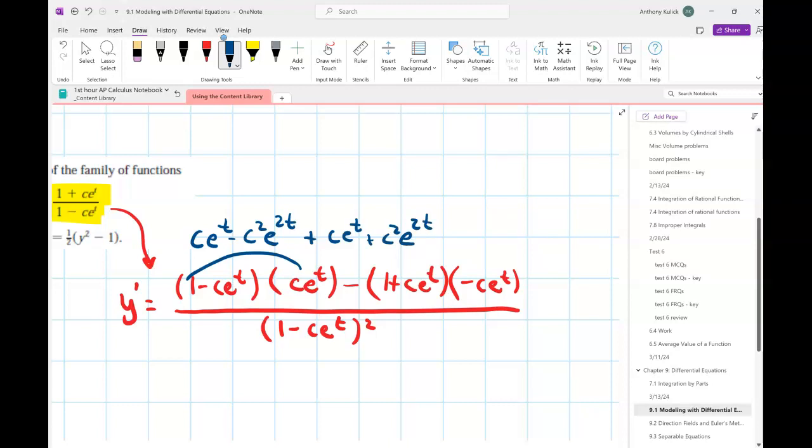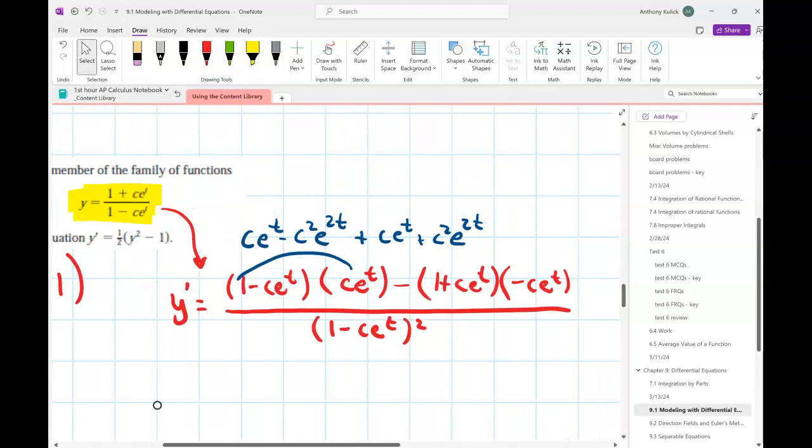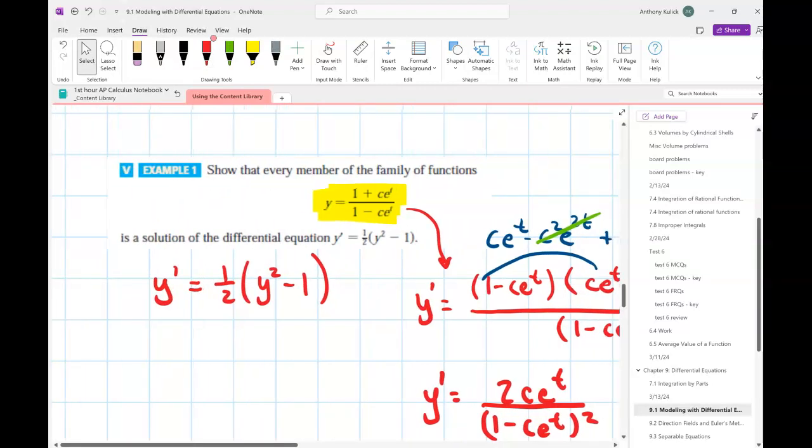Everybody's okay? Did you notice anything good happening there? Yeah, we have some stuff that cancels, right? So this just becomes 2c e to the t over 1 minus c e to the t squared. Okay, so that's going to be my right-hand side here.